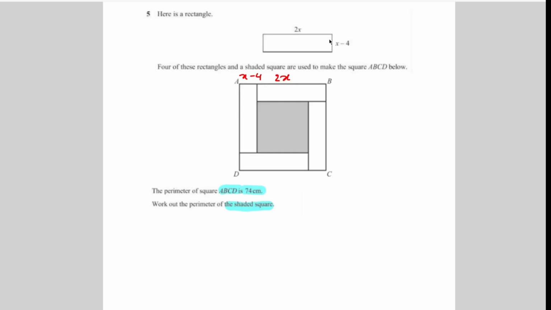Here, this side is x minus 4. Therefore, this is x minus 4, since these 4 rectangles are being used to create this ABCD square.